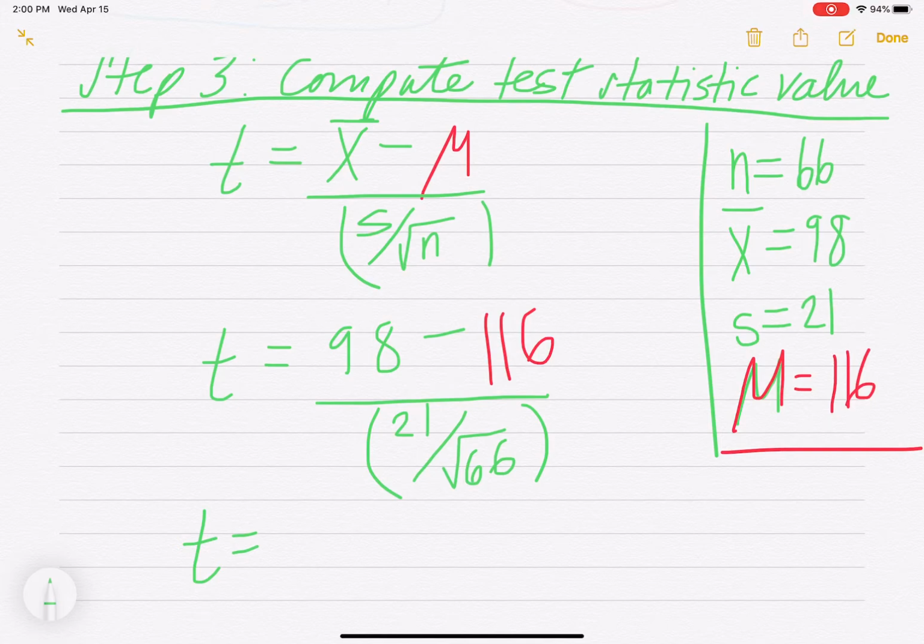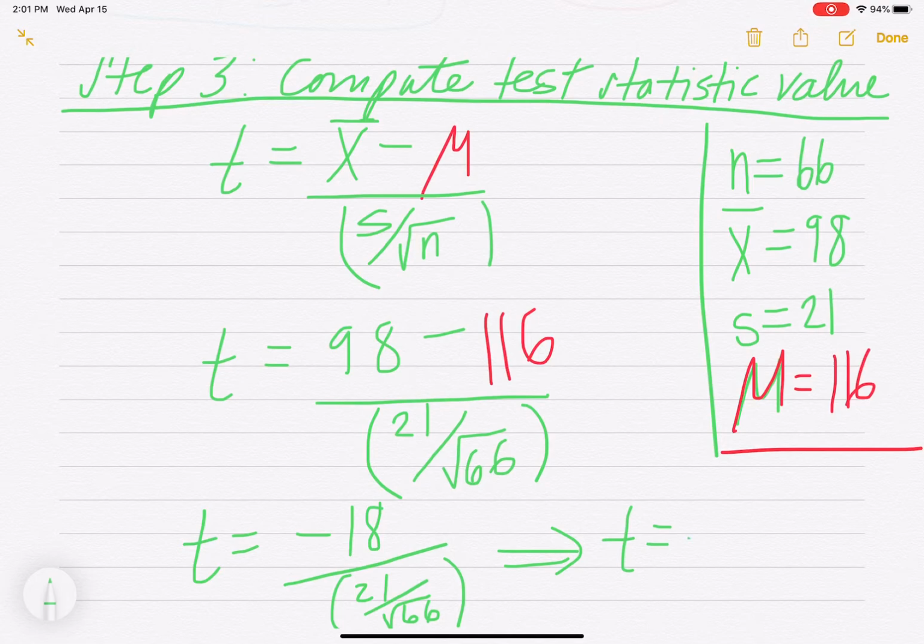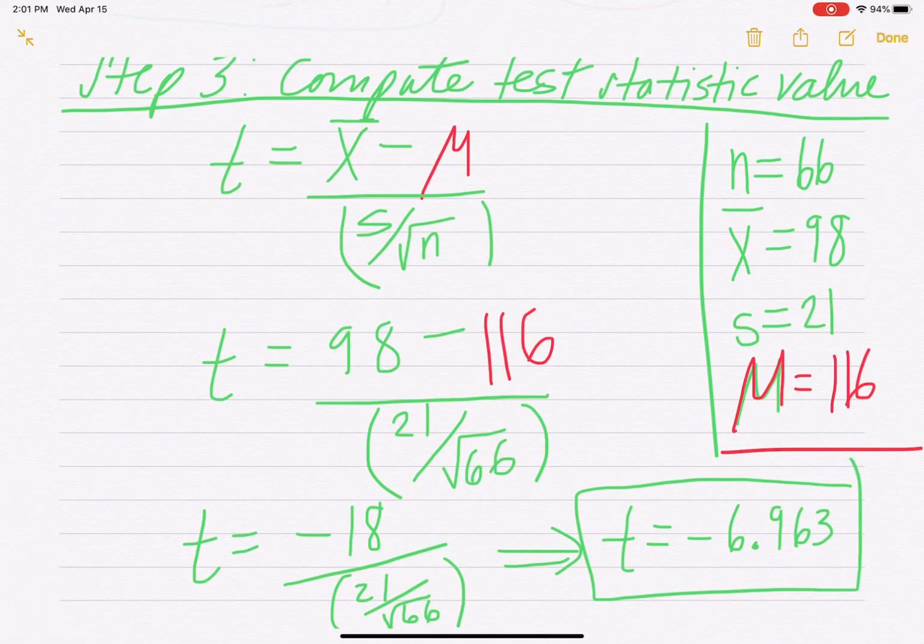It's minus 18. You divide that by 21 over the square root of 66. Make sure you use parentheses around the denominator. It's going to give you a t-score of negative 6.963. Always take 3 decimal places for T-scores. Z-scores go to 2, T-scores go to 3.